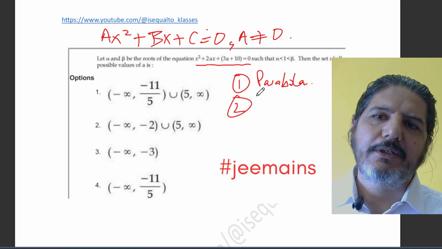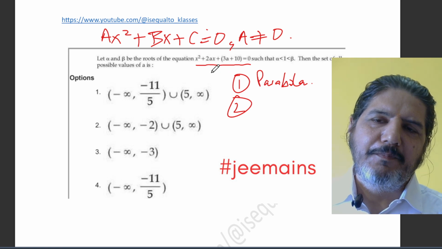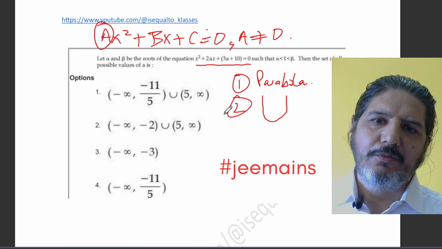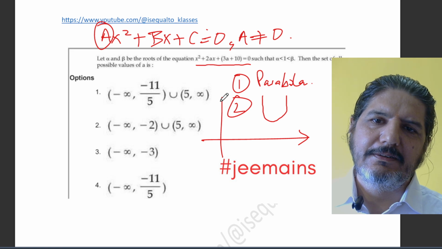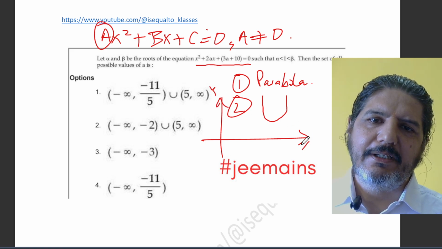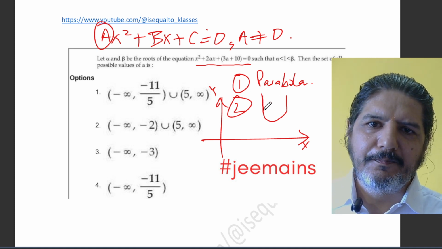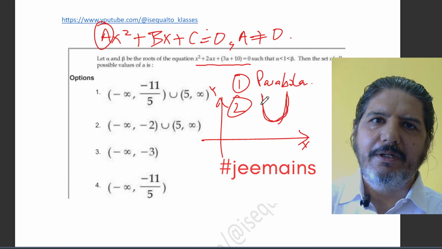The second thing you need to understand is that in this equation, if a is positive, the parabola opens like this. If this is my coordinate axis, this is my y, this is my x. If a, the coefficient of x square, is positive, then it will open upward.